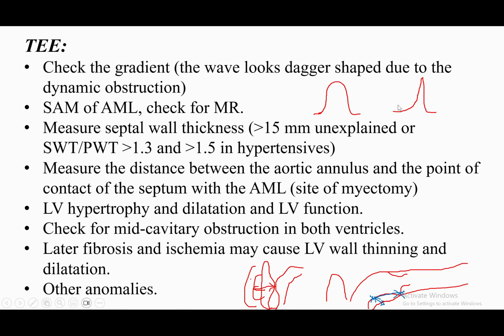But in dynamic obstructions, the gradient is late systolic, because during systole the muscle contracts, so the gradient increases until just before the end of the systole, when the muscles are at their maximum contractility, causing the maximum gradient. Then the diastole begins, and the muscles relax, and the gradient drops.